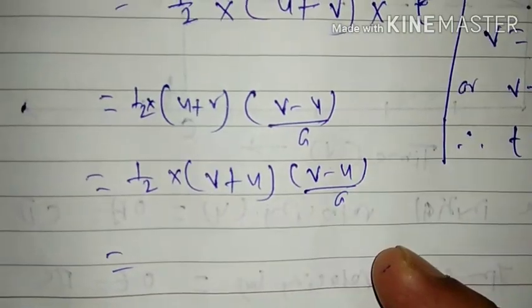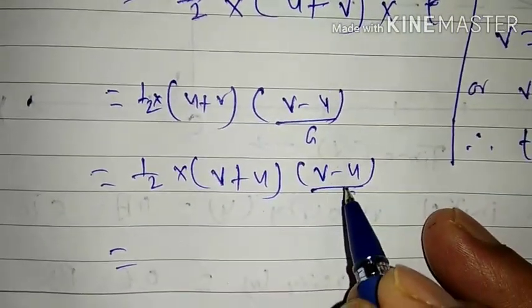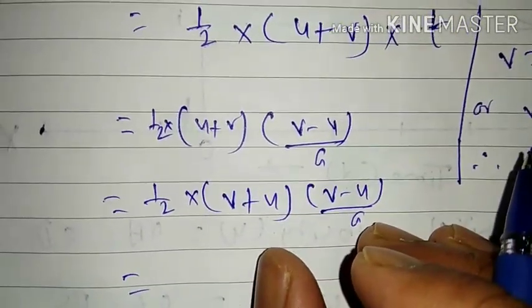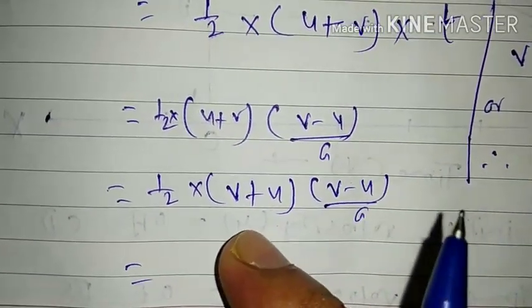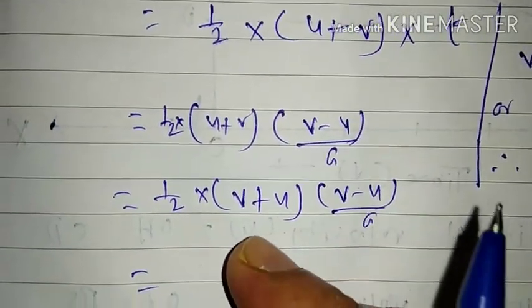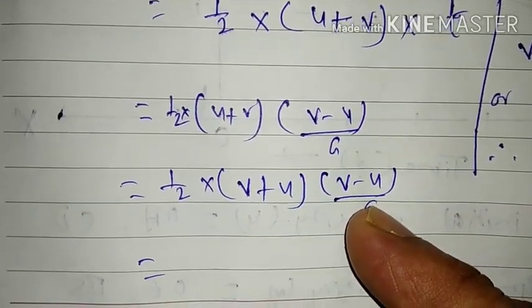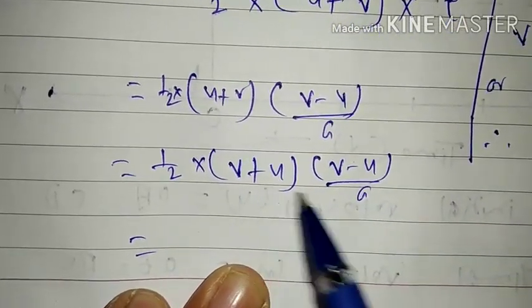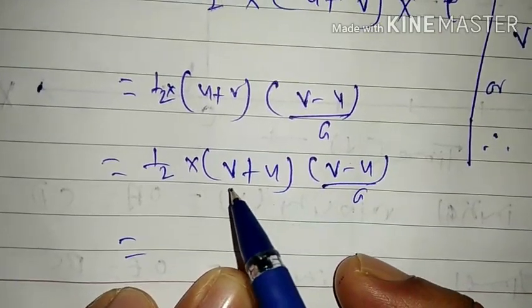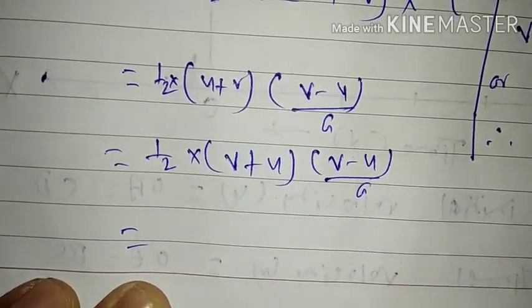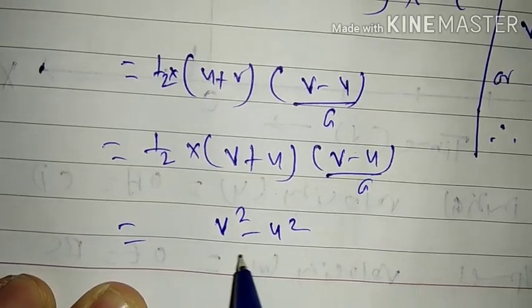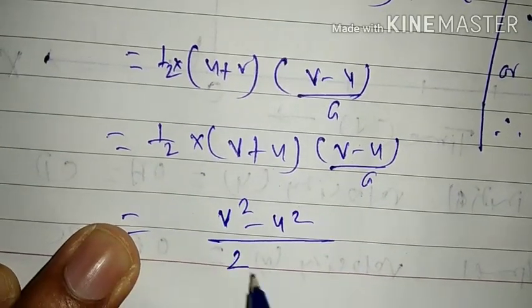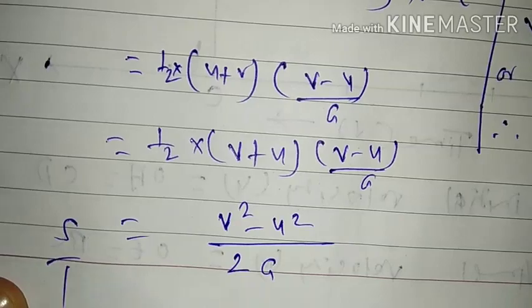Once again, applying the formula a plus b into a minus b. In algebra, probably in class 6 you have read, what is the value of a plus b into a minus b? a square minus b square. So here it is v plus u into v minus u. We can write it as v square minus u square. This is equal to v square minus u square, this divided by 2 and this into a. s is equal to that.